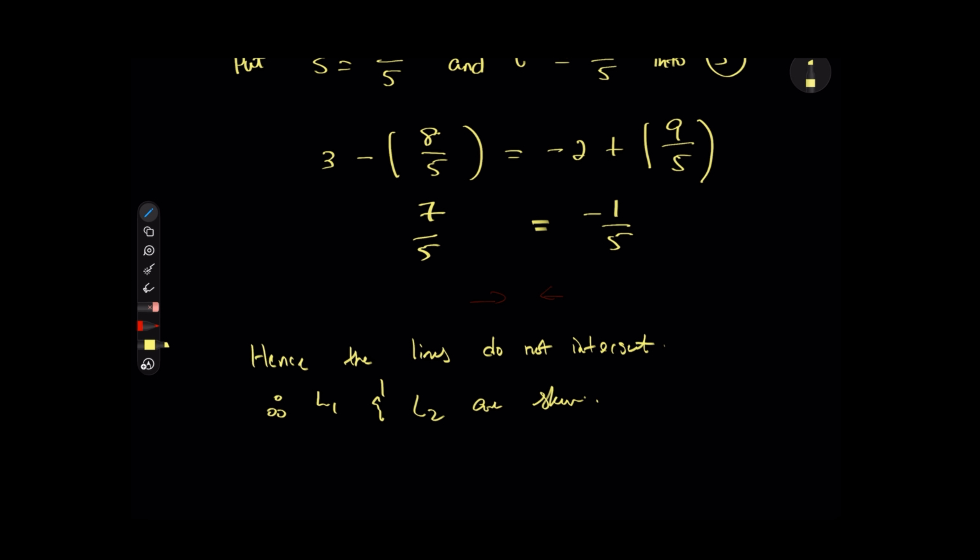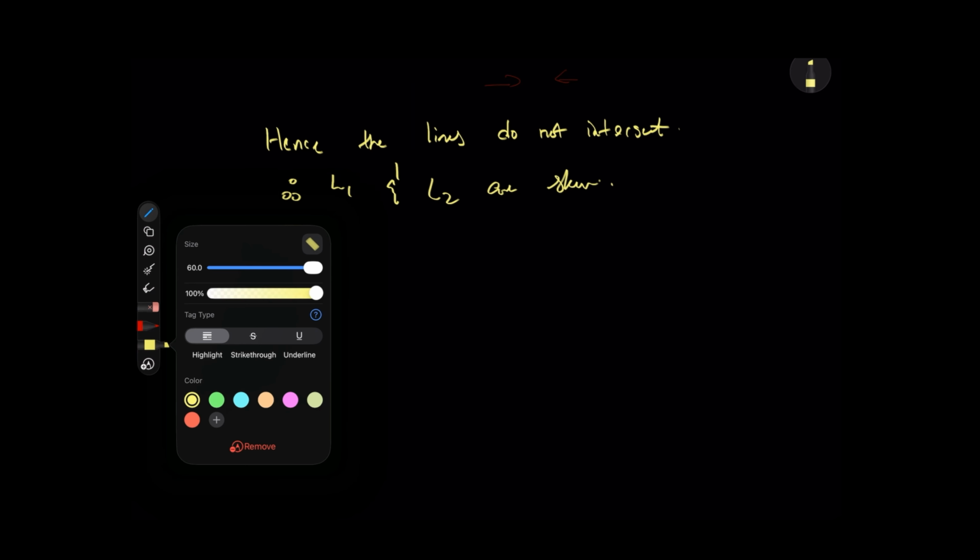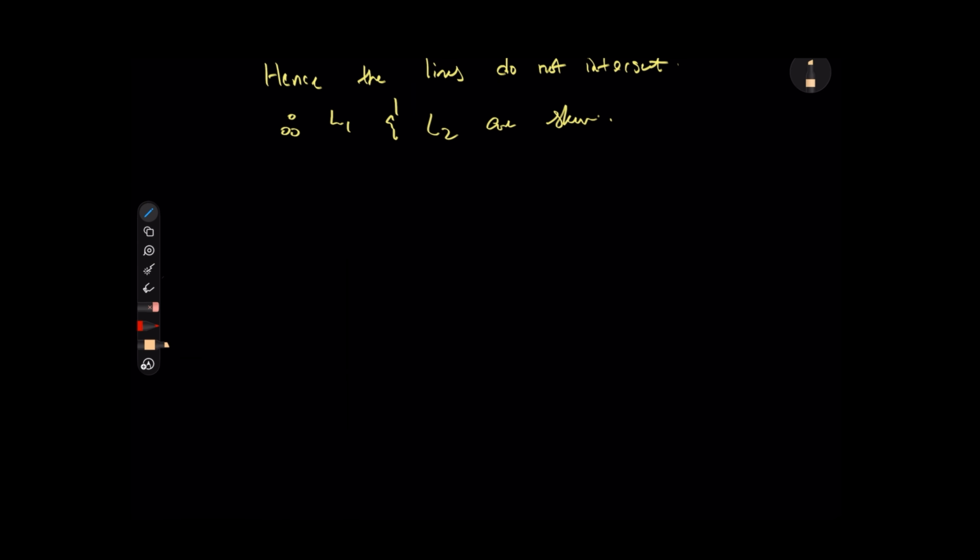Of course, you could have taken any two equations different from what I took and the result would be the same. Just for completion, let's actually try it to see that we have that conclusion. So alternatively, remember from 1 we had 2 plus s was equal to 2t, and we had that t was equal to 1 plus s upon 2.